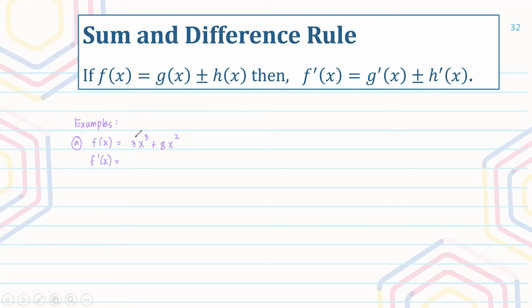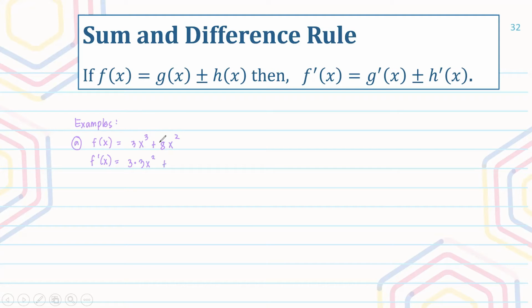Following the constant multiple rule, the constant here is 3, so you have 3 times the derivative of x cubed. Following the power rule, that's just 3x, 3 minus 1 is 2.